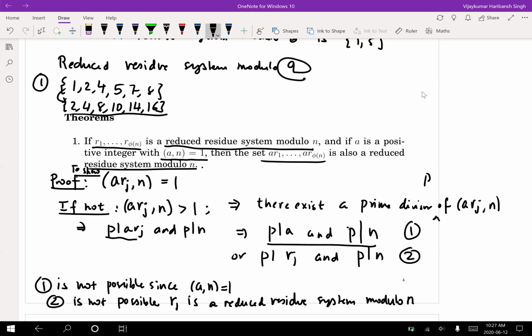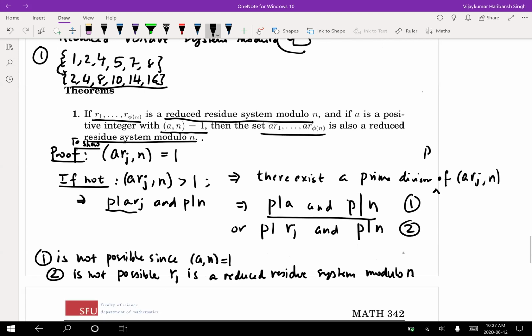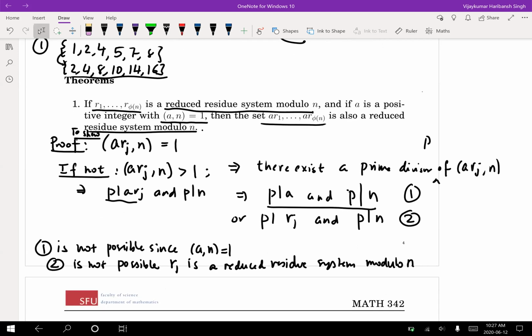Therefore, we get that ARj and n are relatively prime. So that's one.